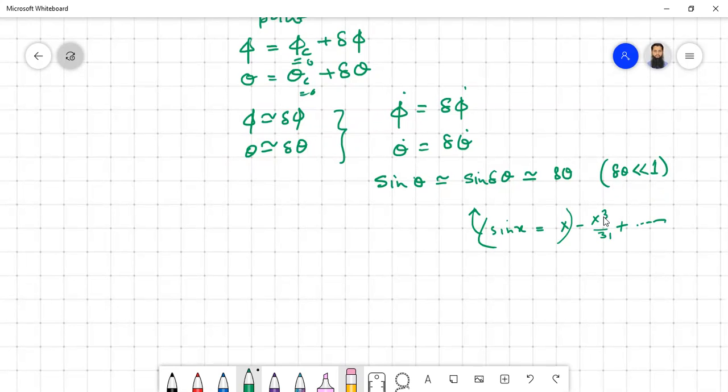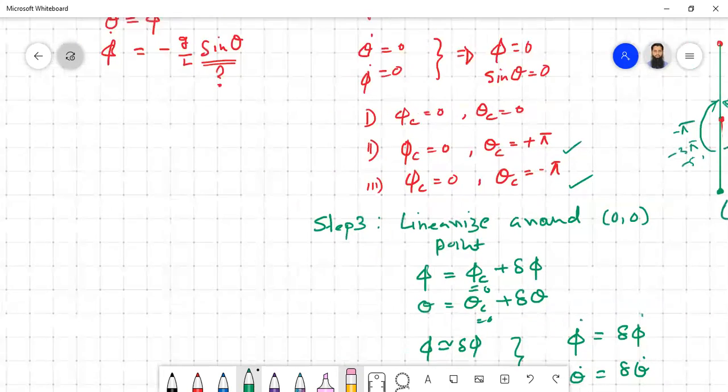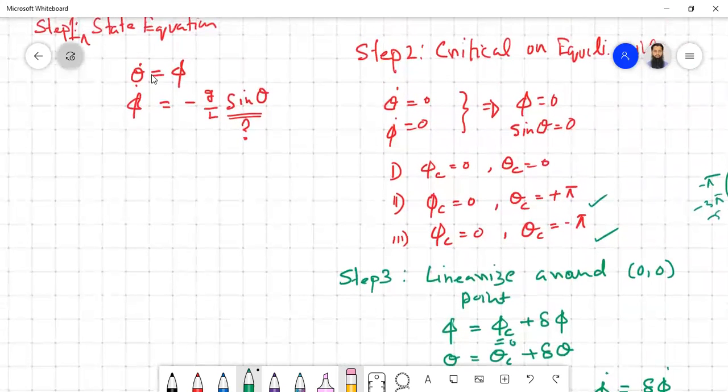Okay, so now we have to write the state equation. The first one is del theta dot equal to del phi. From where is it coming? From the equation that you have derived here: theta dot equal to phi. So del theta dot will be equal to del phi.